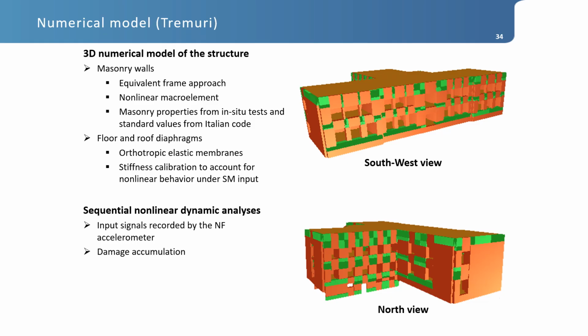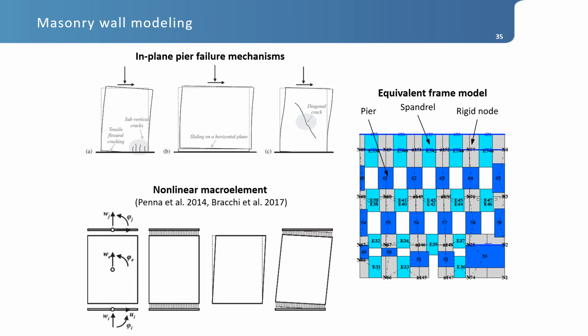So we could see not only the response to the single shaking, but also the damage accumulation within the sequence. The adopted masonry wall model is the classical nonlinear macroelement model implemented in Tremuri.